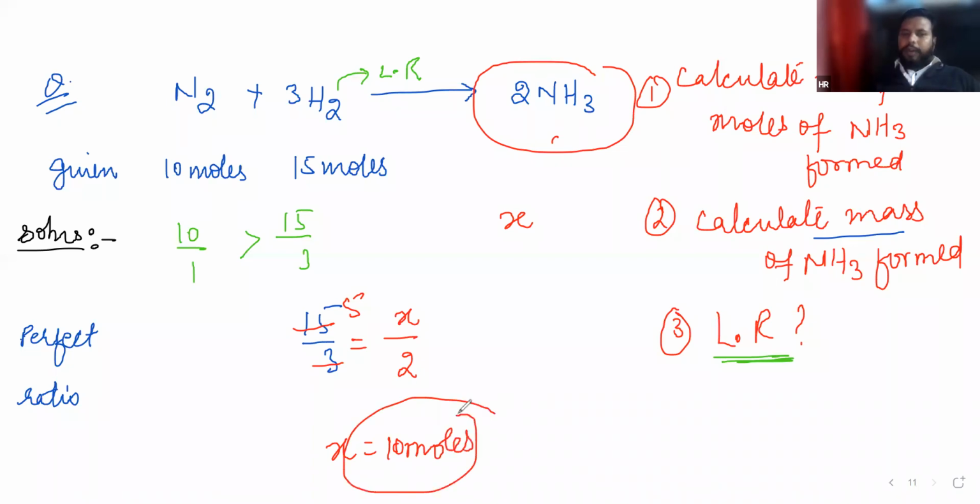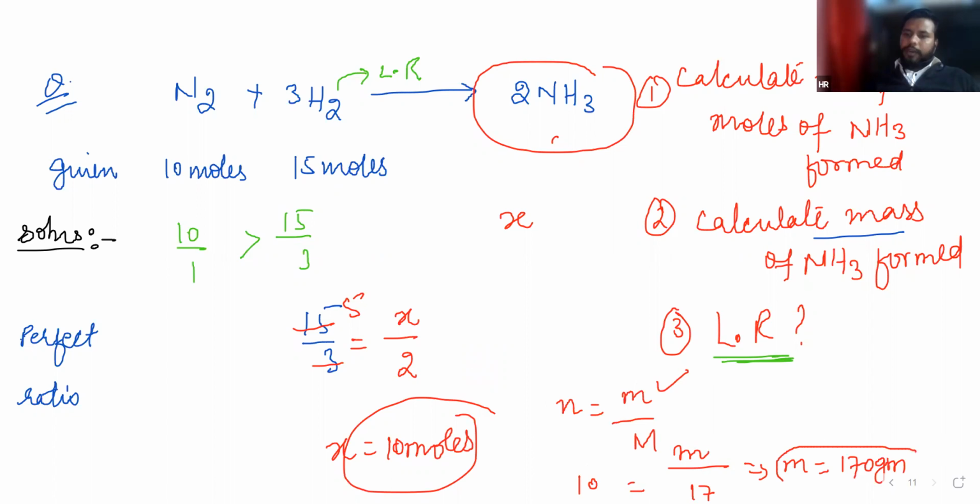If you can calculate number of moles of NH3, 10 moles, you can easily calculate its mass. You can easily calculate its number of molecules also. Number of moles is equal to given mass upon molar mass, that is 10, and given mass I need to calculate, and molar mass of NH3 is 17, so mass of NH3 will be 170 gram. Okay, everyone? Yes.